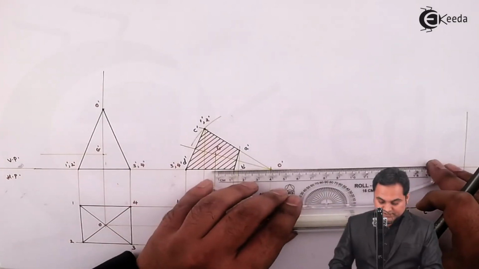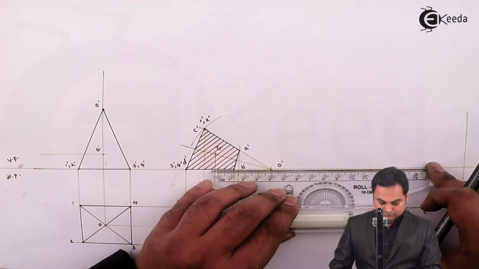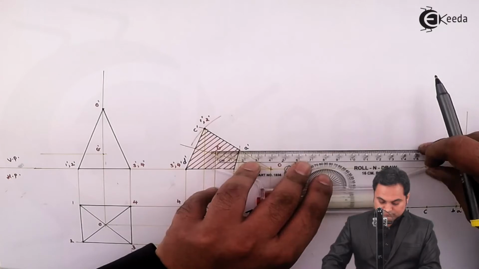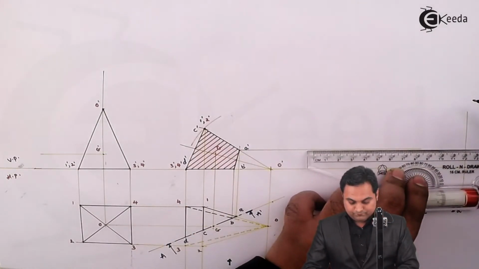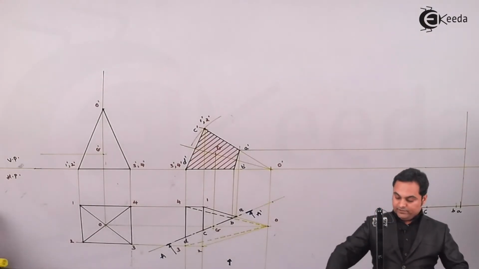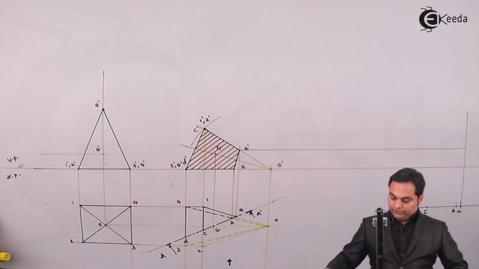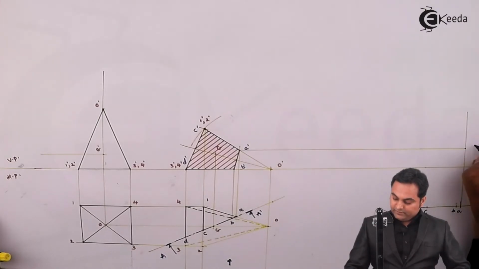Then here we have A dash. So projecting it light, where they intersect, that will give me point A double dash.